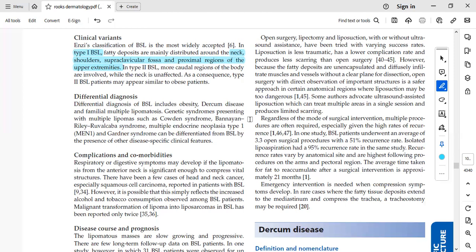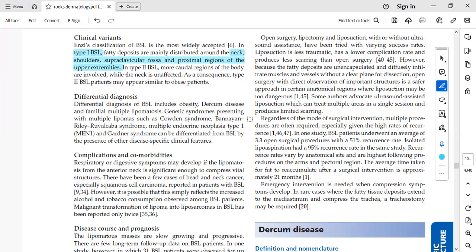And Bannayan-Riley-Ruvalcaba syndrome is also a mutation in the PTEN gene. There will be multiple lipomas, macrocephaly, hemangiomas, hamartomatous intestinal polyposis, developmental delay, and speckled pigmented macules on the male genitalia. And in MEN 2A, there will be parathyroid hyperplasia, medullary thyroid CA, and pheochromocytoma.